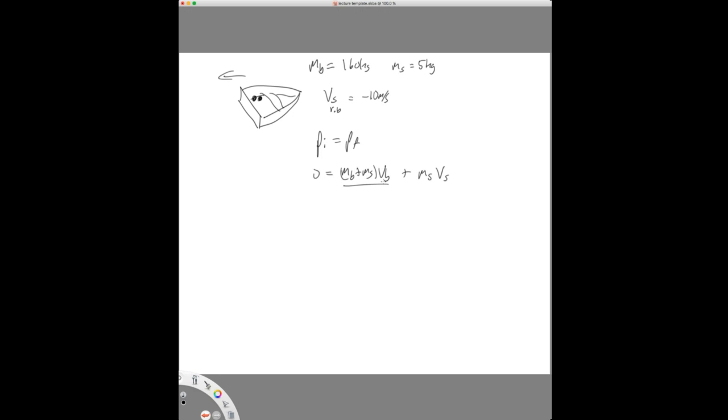So this first piece is the boat plus 1 stone, and the second piece is the other stone. So that's going to be m boat plus m stone times v boat plus m stone times v stone. And using the same idea as last time, the speed of the stone will be the speed of the boat plus the speed of the stone relative to the boat.